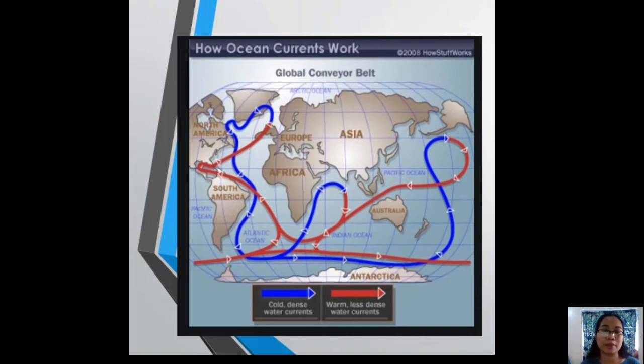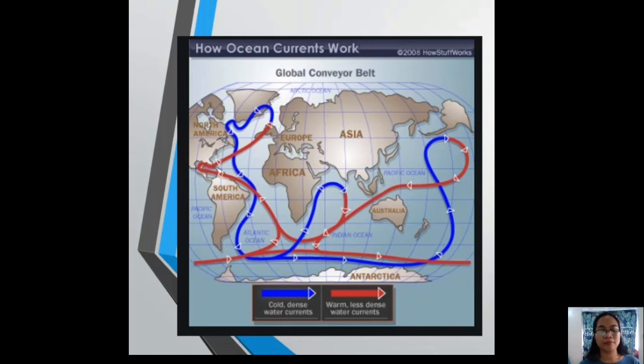And also wind, temperature, salinity also affects this motion. Then the movement of the wind, it also carries surface water with it, so that there will be balance in the heat distribution. Okay? So yan nga yung example we have here, a great ocean conveyor belt.